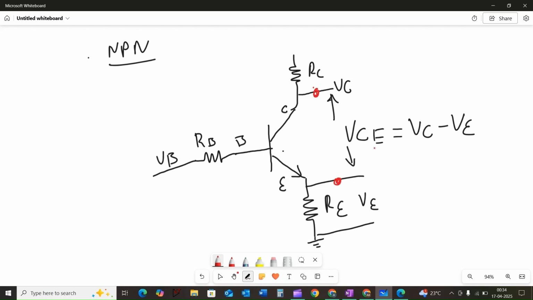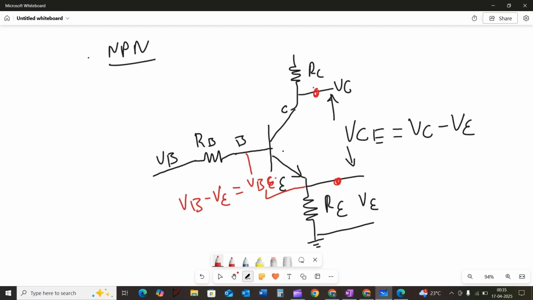Here VBE is the voltage difference between the base and the emitter terminal of the transistor, which we can call VB minus VE.